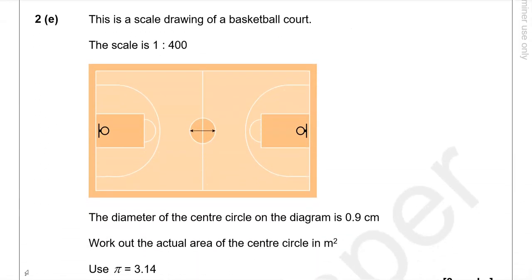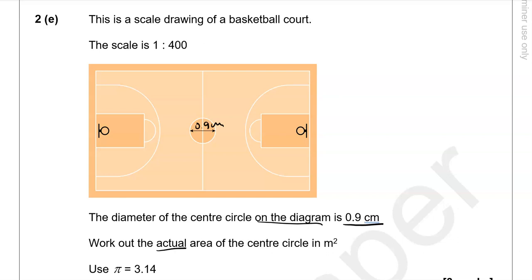This is a scale drawing of a basketball court. The scale is 1 to 400. The diameter of the center circle on the diagram is 0.9 centimeters. So we're talking about this one here. So this is on the diagram.